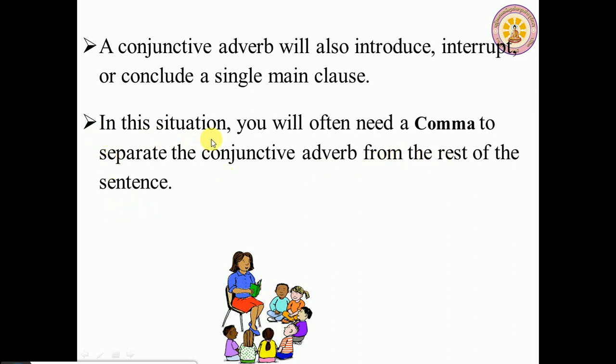Remember, in this situation, you will often need a comma to separate the conjunctive adverb from the rest of the sentence. It is said that a conjunctive adverb will also introduce, interrupt, or conclude a single main clause. So in this situation, we have to use a comma.